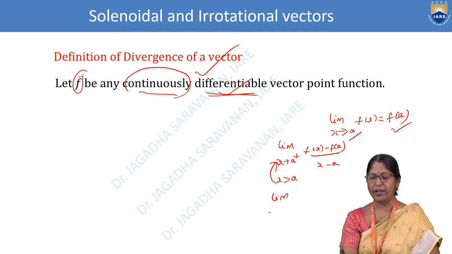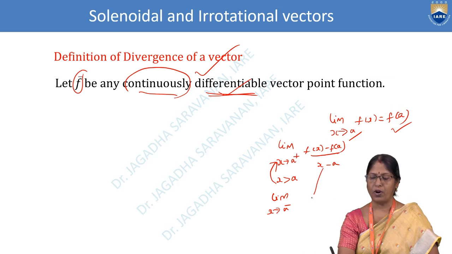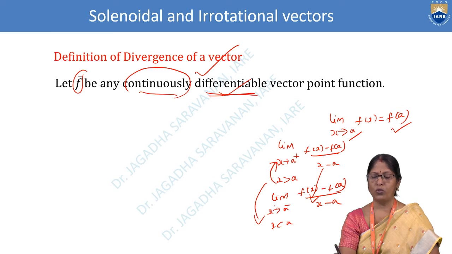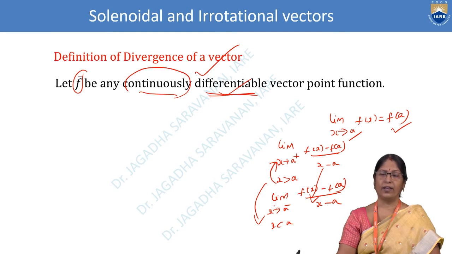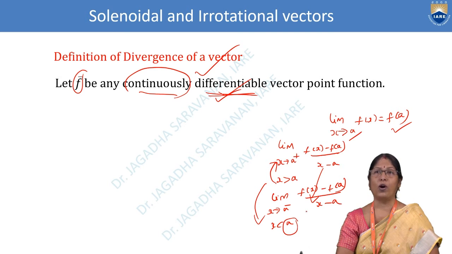Similarly, if x tends to a minus, the formula is as it is, f of x minus f of a divided by x minus a, where x is less than a. If these both are equal, then we can tell that f of x is differentiable at the point a.